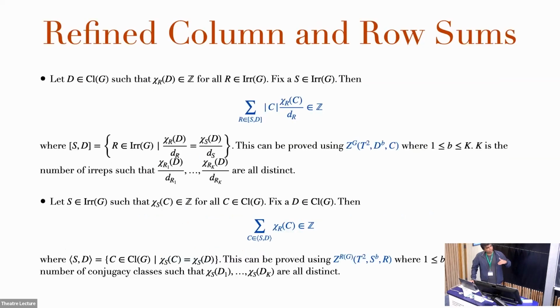So we also do some refined integrality results. Essentially, we look at certain other combinations of characters which can also be proved purely using partition functions without using Galois theory. For example, to prove this, you have to use certain partition functions of that type. We have to consider the torus, and there are many boundaries for that torus.